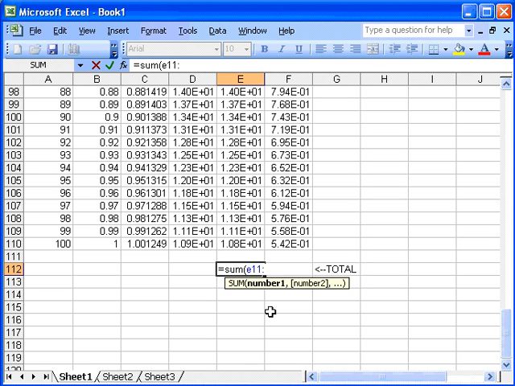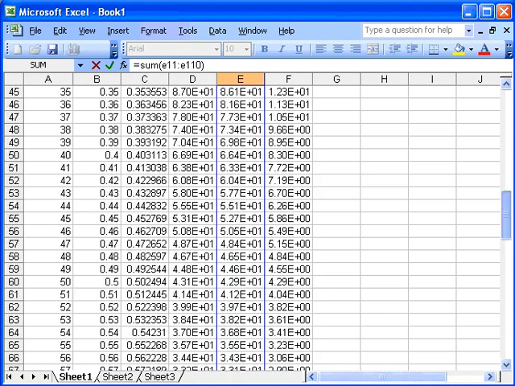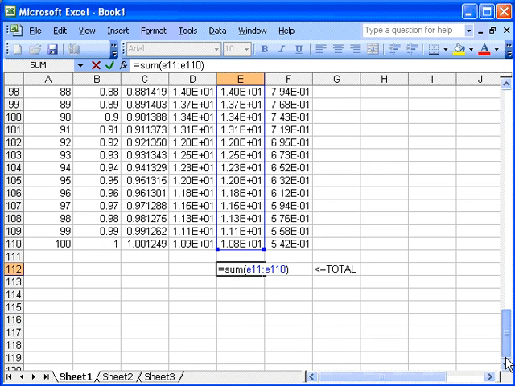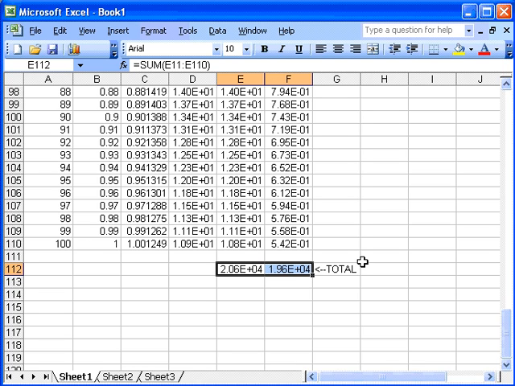E11 colon means to E110. Let's make sure I got the whole thing selected. Yep. And hit return. And copy this over to here. And that should actually do it.